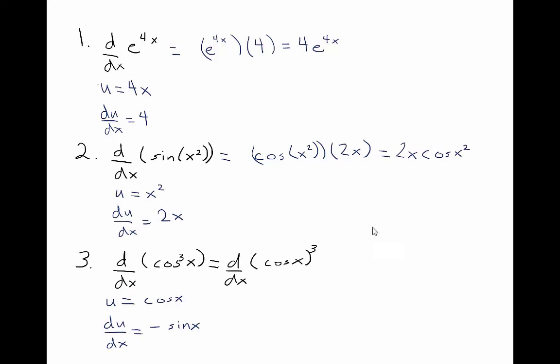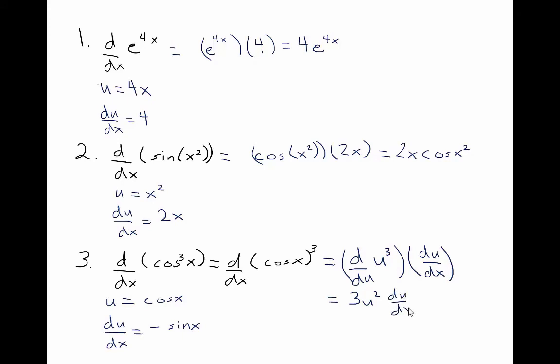So really, we could rewrite this. We're finding the derivative of the outer function. So the outer function is u cubed. And we're multiplying that times the derivative of the inner function. So this is 3u squared times du/dx.